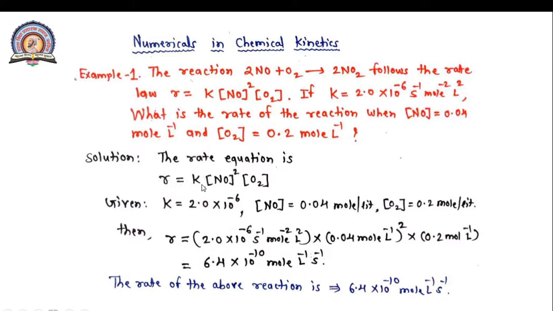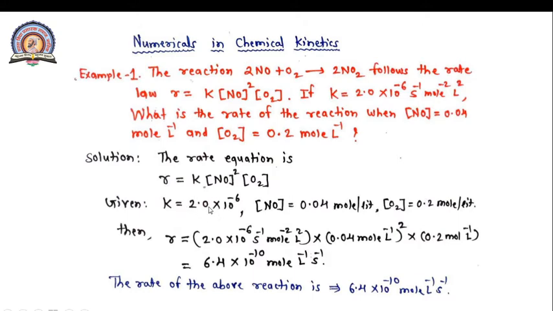R is equal to K into concentration of NO to the power 2 into concentration of O2. Now the given values: K is equal to 2.0 into 10 raised to minus 6, concentration of NO is equal to 0.04 mole per liter, concentration of O2 is equal to 0.2 mole per liter.